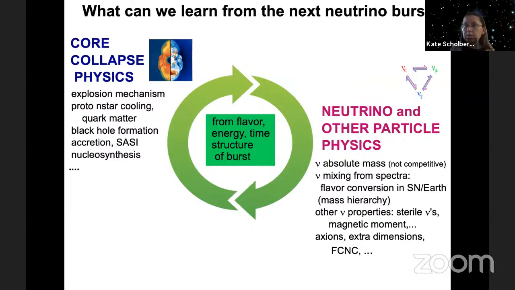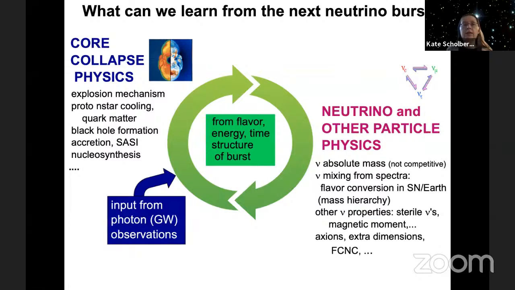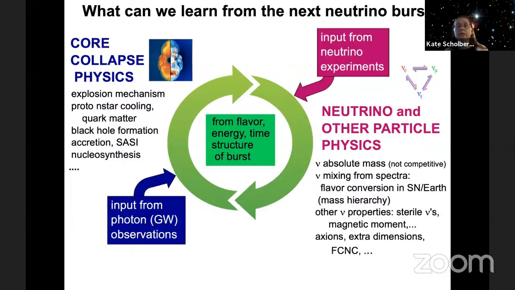And it also works in the other direction: if you have better understanding of the neutrinos from terrestrial experiments, measuring neutrinos, then that helps in interpreting the astrophysics. And so this is really something where you put a lot of information together coming from different fields, from astrophysics and particle physics, to get the best understanding of the phenomenon.